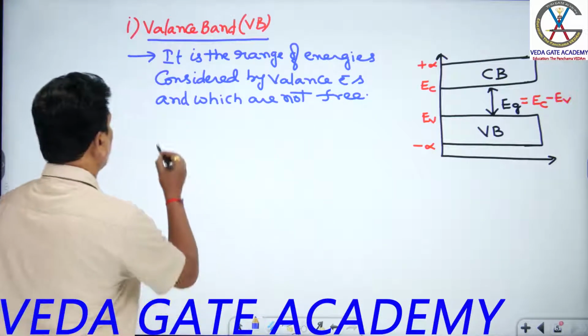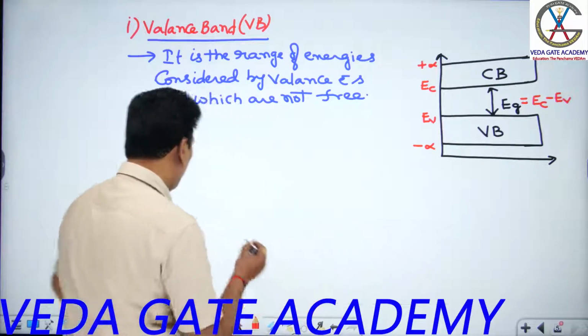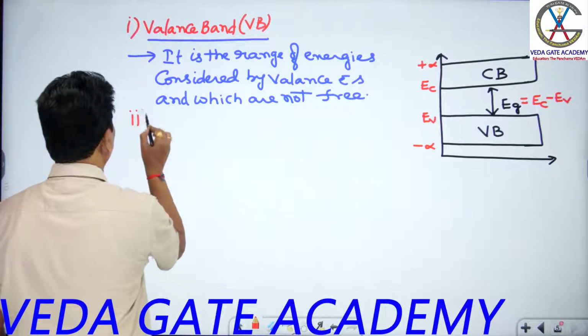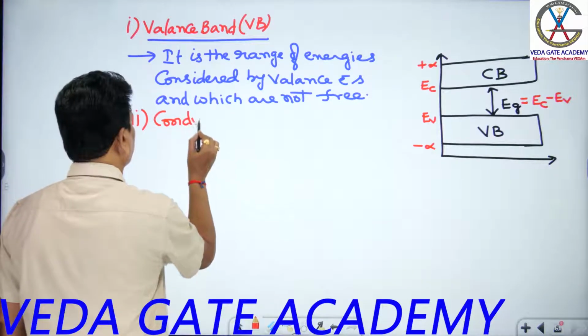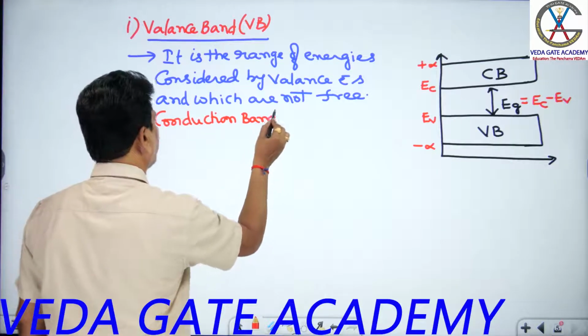Confirm? So next, conduction band, students. What is that conduction band? Conduction band is denoted by CB.